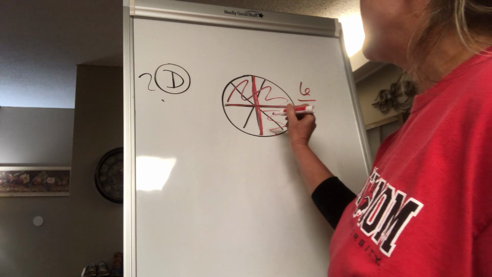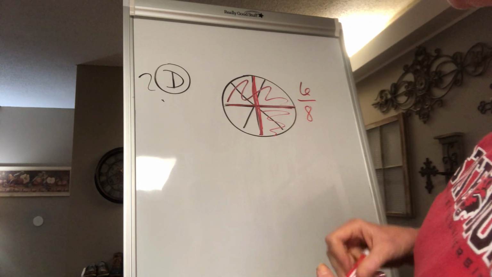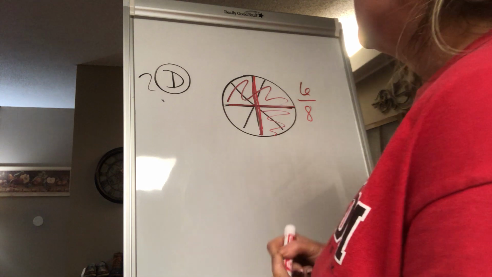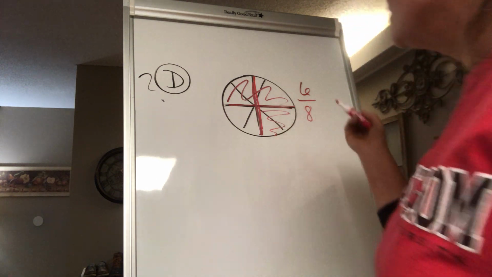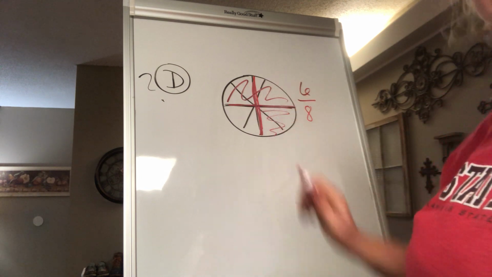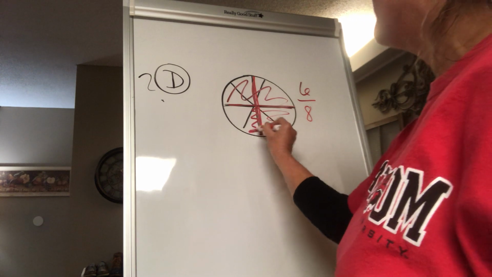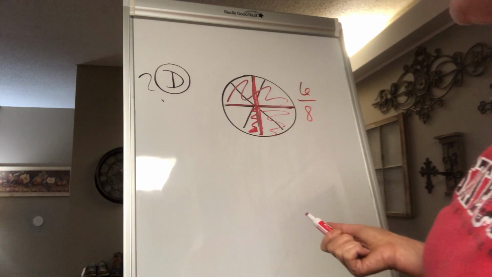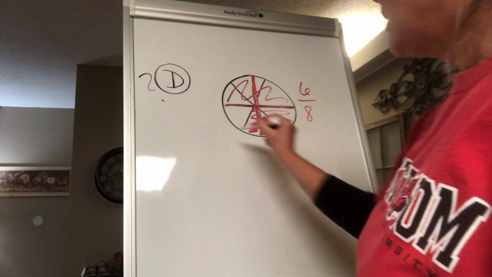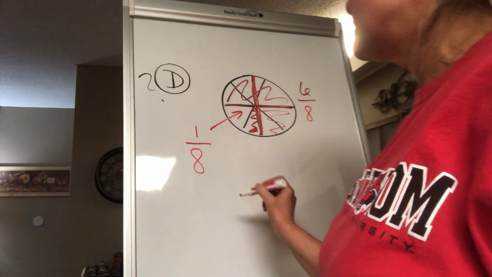So that would take out one more of our slices. So if we're looking at it, each of the fourths has 2 slices in it, right? So if he ate one more of the slice, how much would it leave? It would only leave 1/8 left.